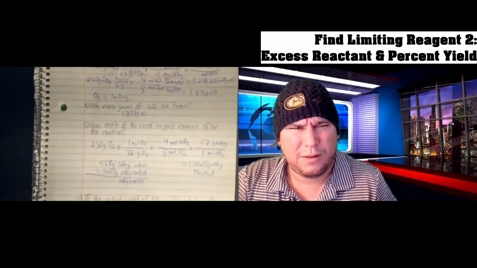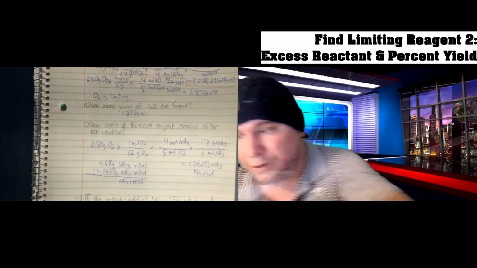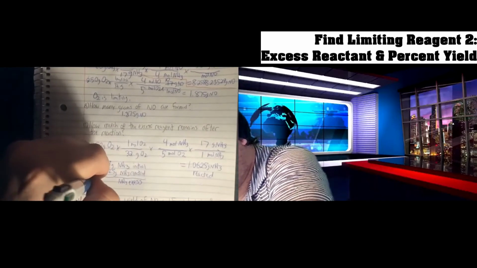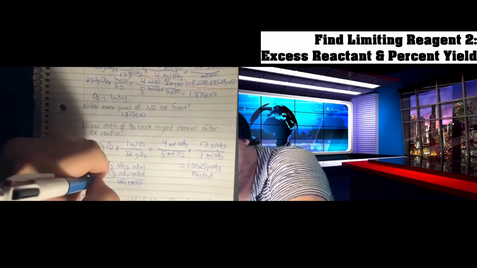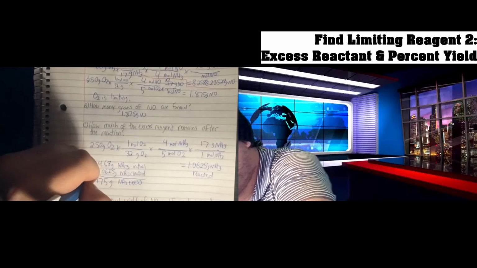So there we go. We're going to take the initial amount, subtract out what was used, and I got, make sure you check these numbers in case I did something wrong here, right? Don't just take my word for it.